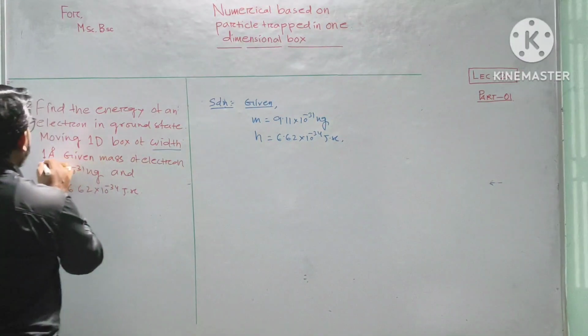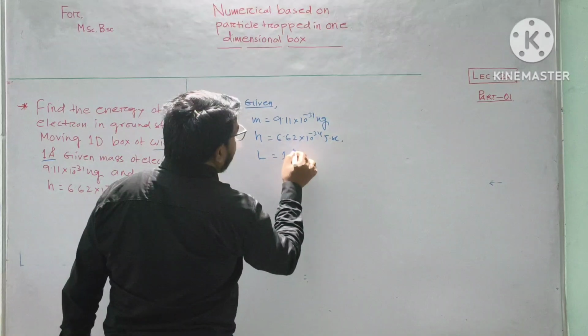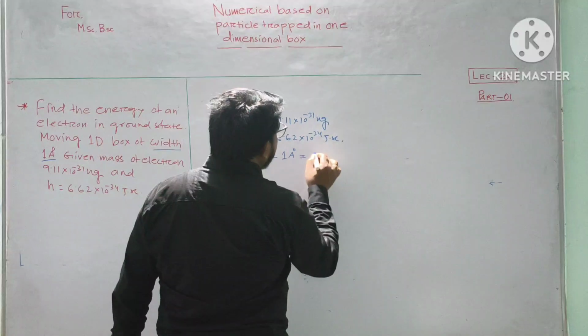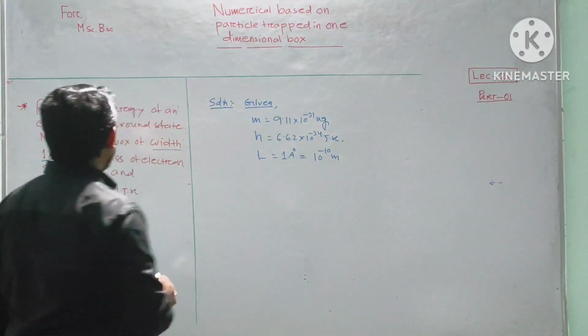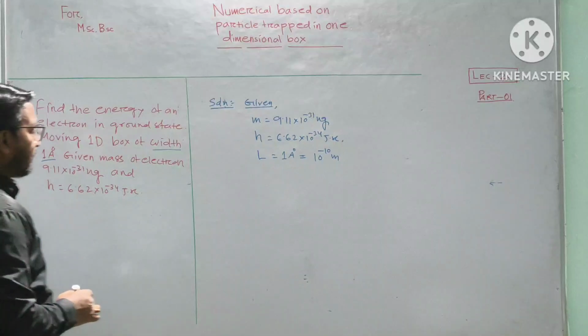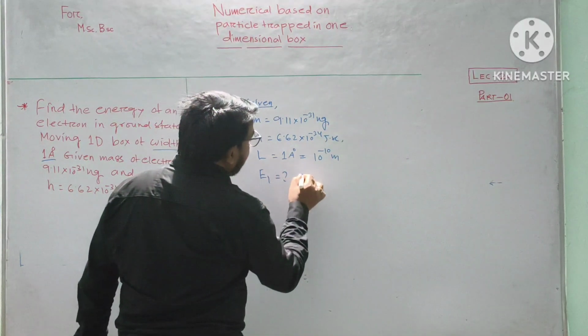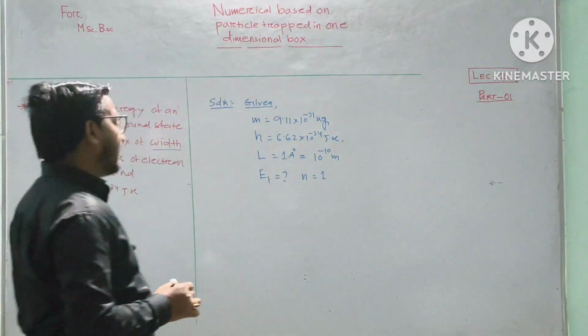Width is 1 angstrom, so L equals 1 angstrom, and 1 angstrom equals 10 to the power minus 10 meter. We need to find the energy of the electron in the ground state, so E1 equals what? For the ground state, n equals 1.